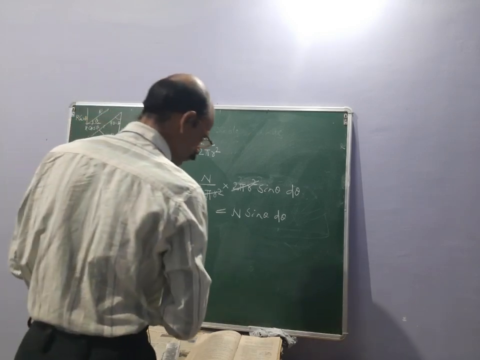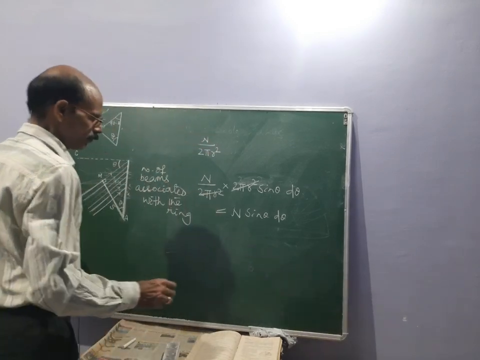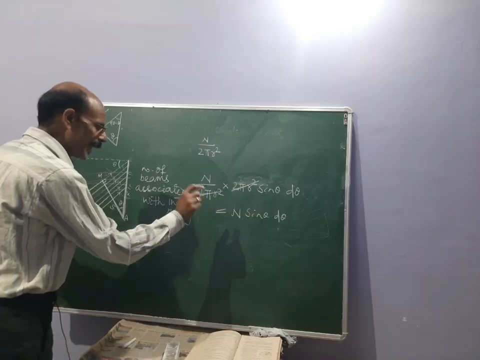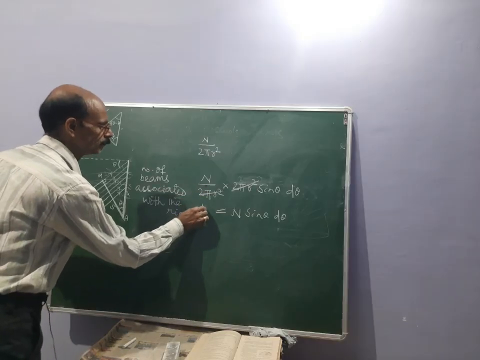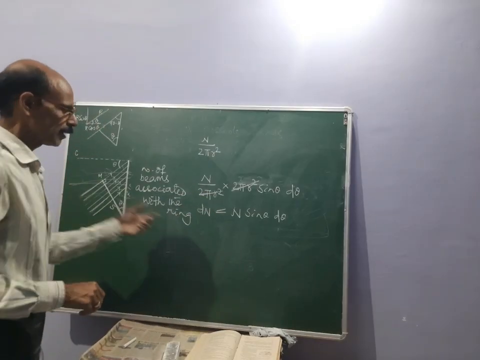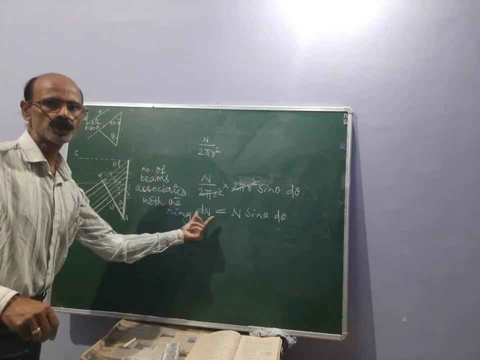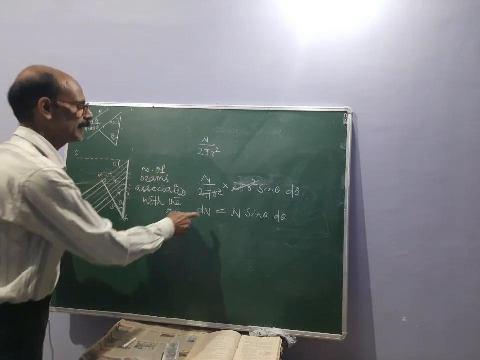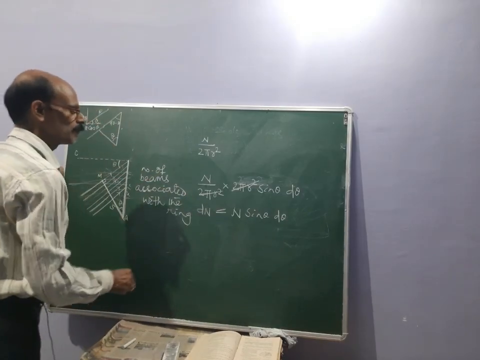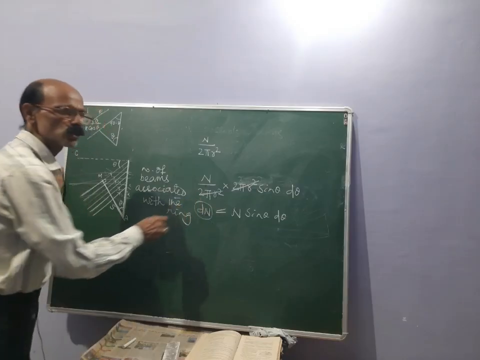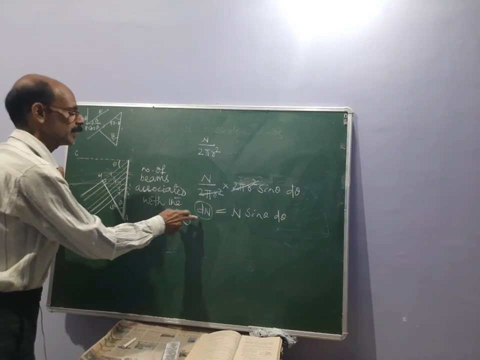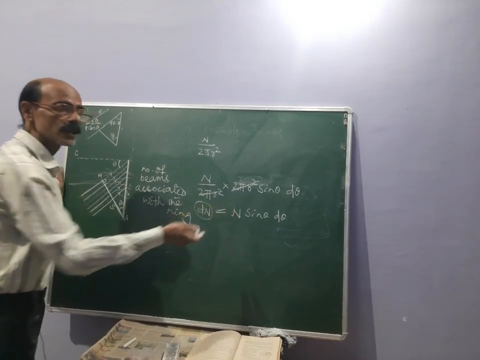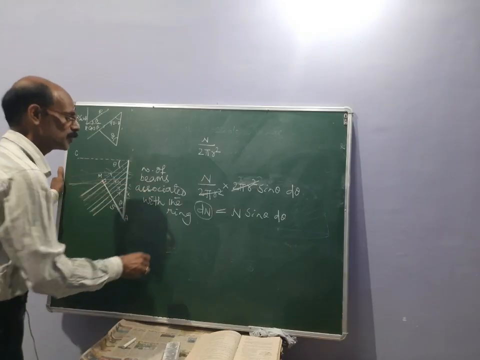Let it be denoted by dn. That means dn is the number of beams associated with the ring, and that dn is n sin θ dθ. So dn is the number of beams associated with the ring, and n is the number of beams associated with the hemisphere.